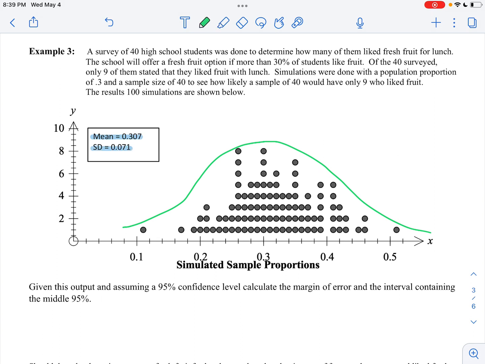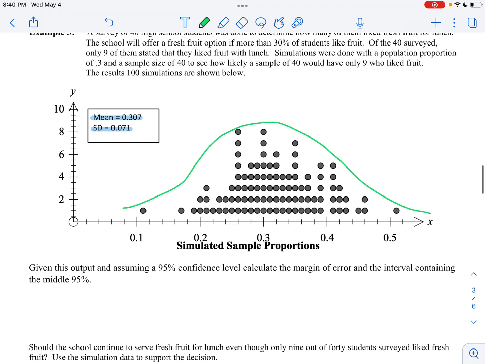Let's look at the first question. Given this output and assuming a 95% confidence level, we're asked to calculate the margin of error and the interval containing the middle 95%. The margin of error, which you'll often see us write as MOE, is just 2 times the standard deviation.